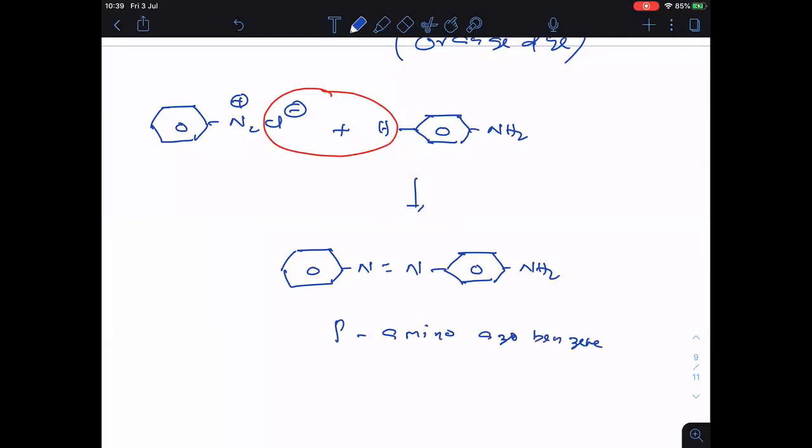Clear? It is a yellow colored dye. Completed. Remember everyone, by this, organic chemistry is entirely completed for the 12th class.